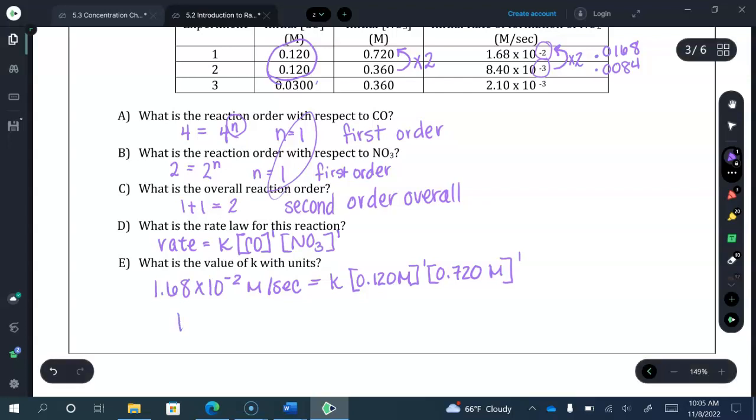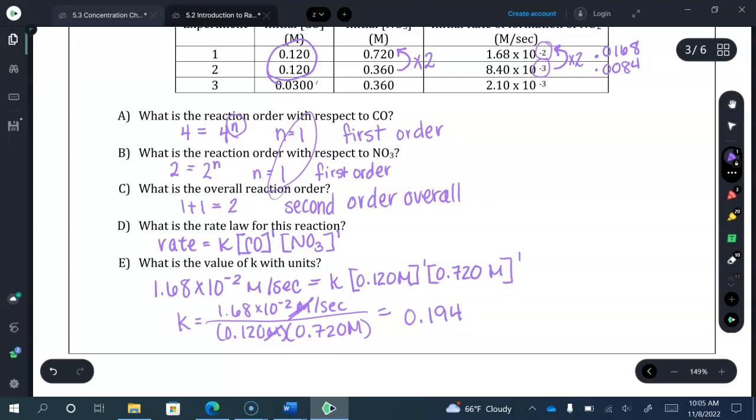Solving this for K, you should get 1.68, because you're going to divide by your concentrations, times 10 to the negative second molarity per second, divided by 0.120 molar times 0.720 molar. This molarity cancels this one, and plugging it into the calculator, you should get 0.194.